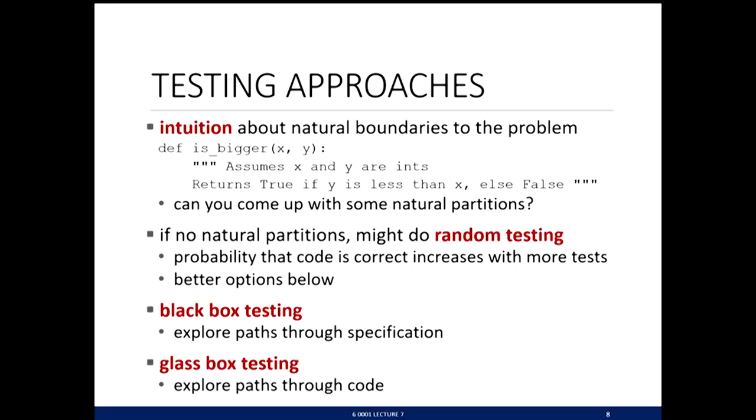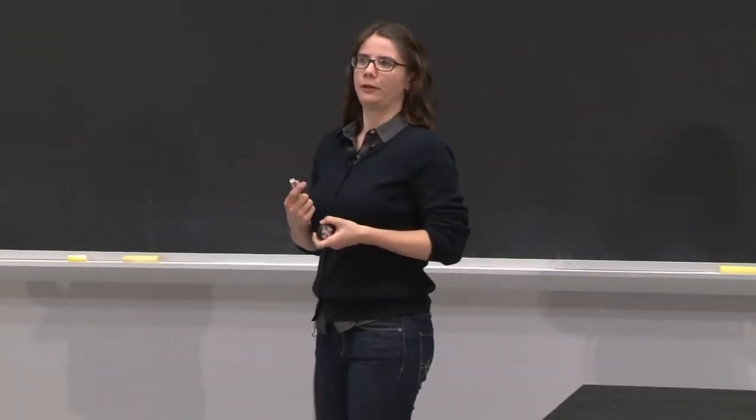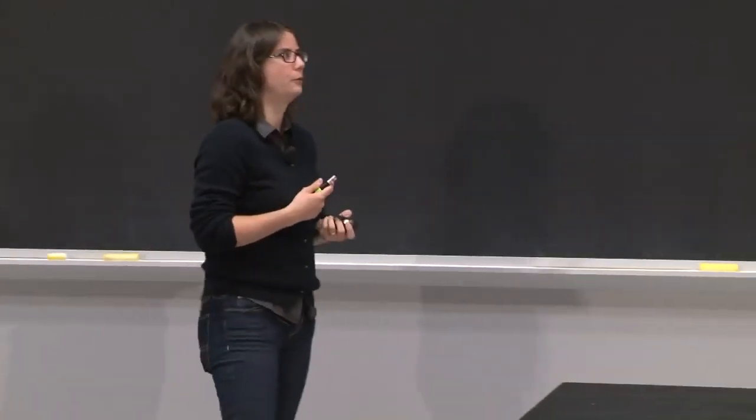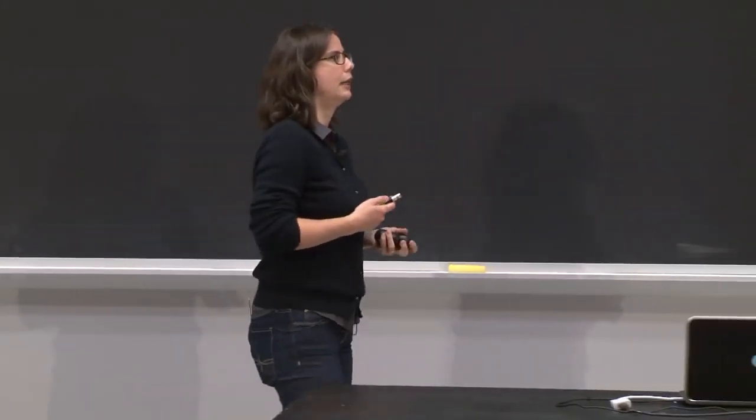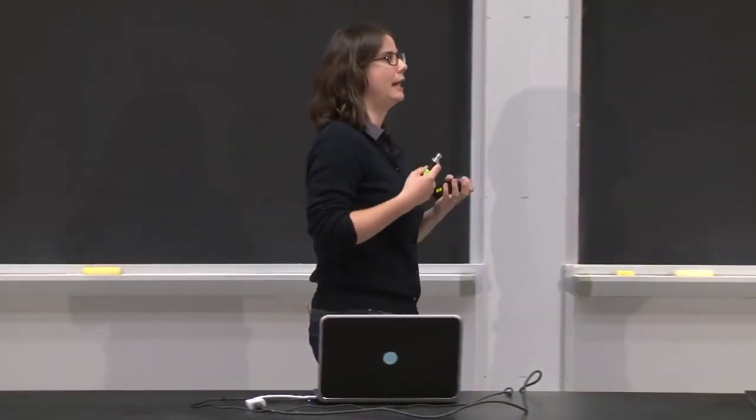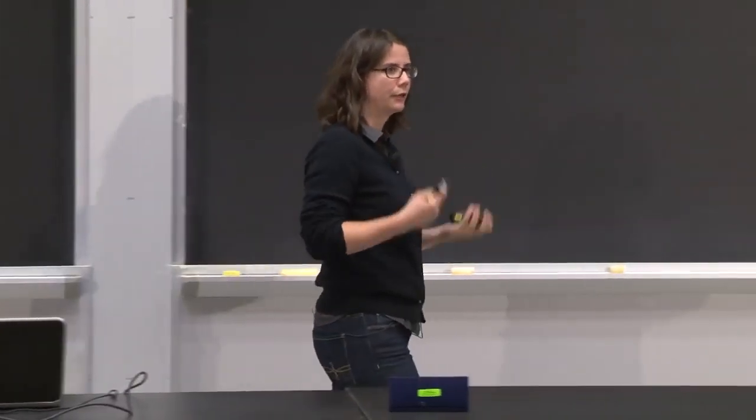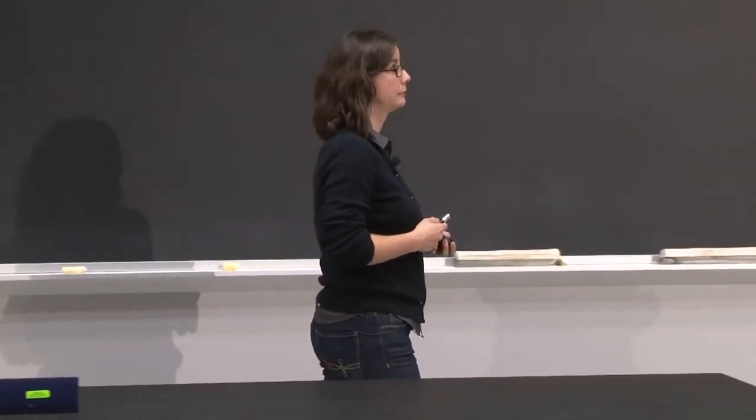So that's just sort of an intuition about the problem. It's possible you have some problems for which there are no natural partitions, in which case you might do some random testing, and the more random testing you do, the greater the likelihood that your program is correct.